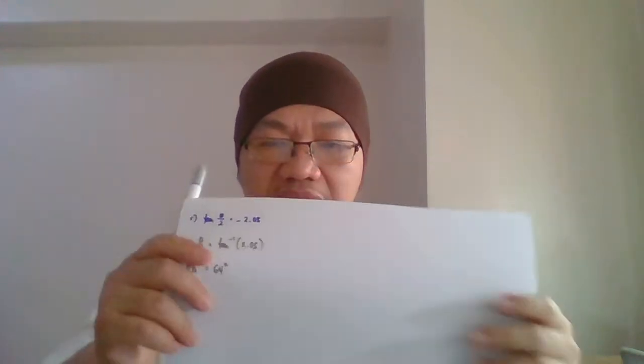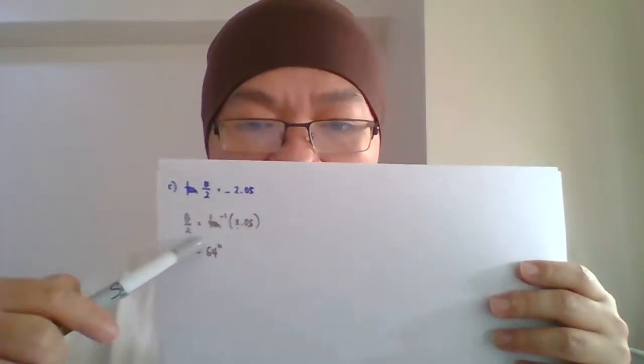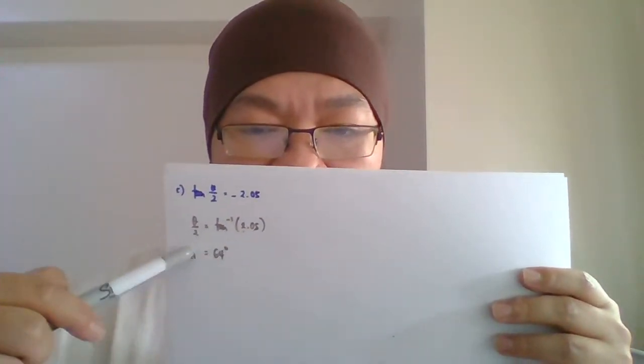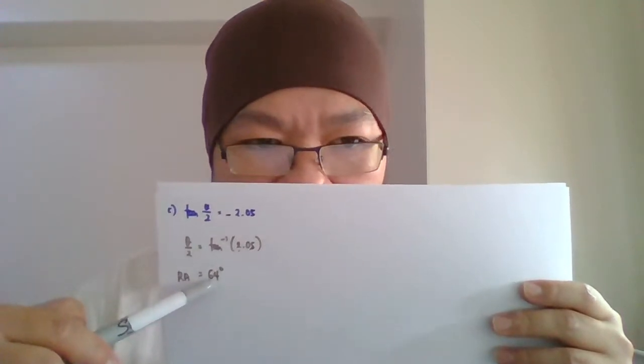So just do the normal calculation, tangent inverse 2.05, then we are supposed to get 63.9966, 64. That is your RA. Theta over 2 equal to this much, then we got RA equals to 64 degree.